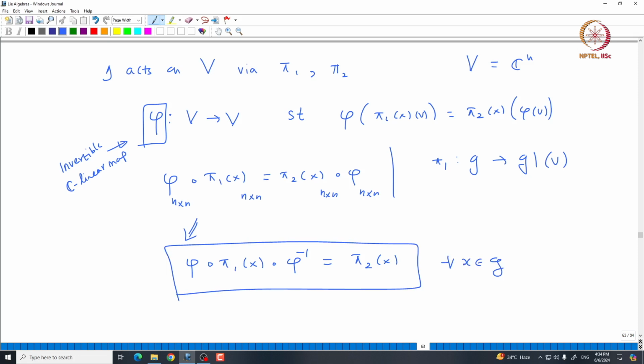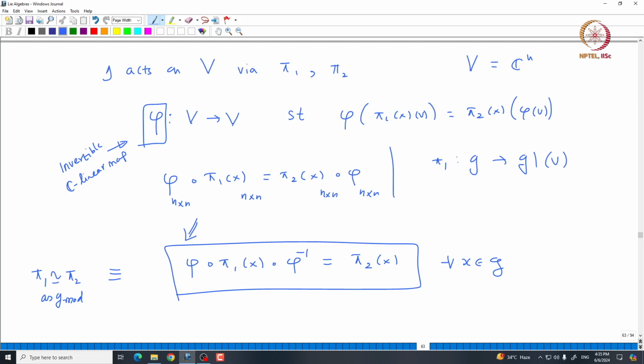So, pi 1 isomorphic to pi 2 as a G module can be rewritten as: there exists one single invertible operator phi, such that whenever you take the conjugate of pi 1 of x with respect to that operator phi, we get pi 2 of x for all x in G. Okay. Sometimes this operator will be called an intertwining operator in the literature, okay, because of this reason.